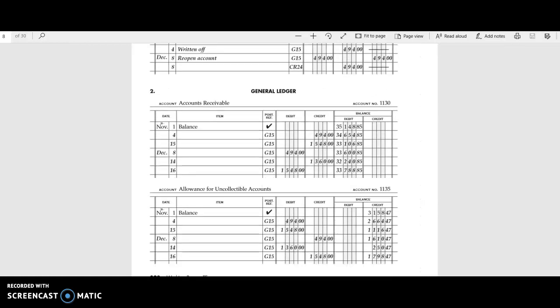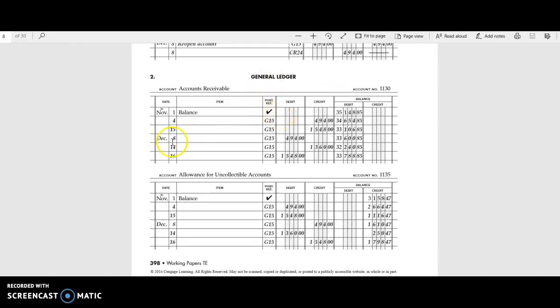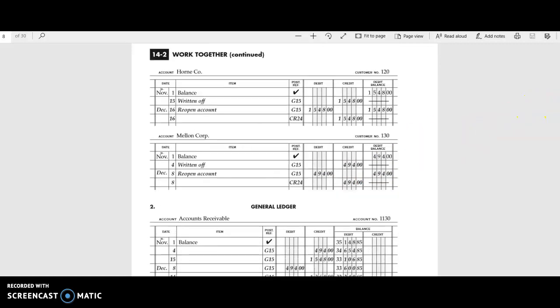And we are going to post from the 8th the $494 as a debit, which then increases our total account receivable balance because we're adding those dollars back in.